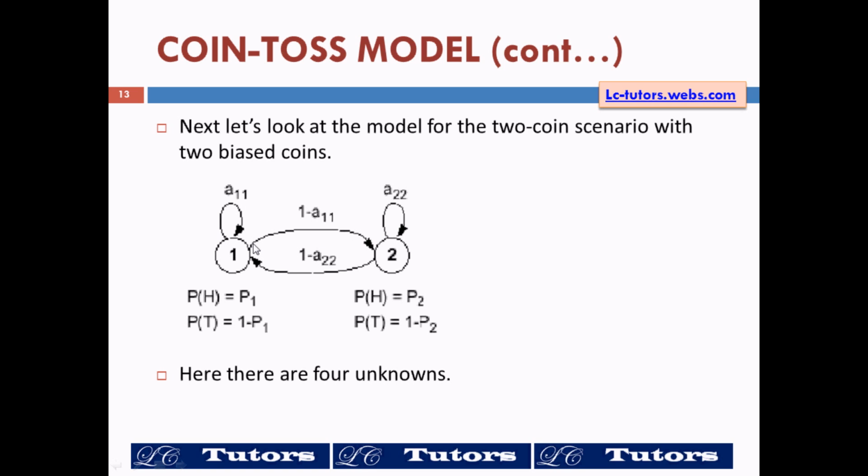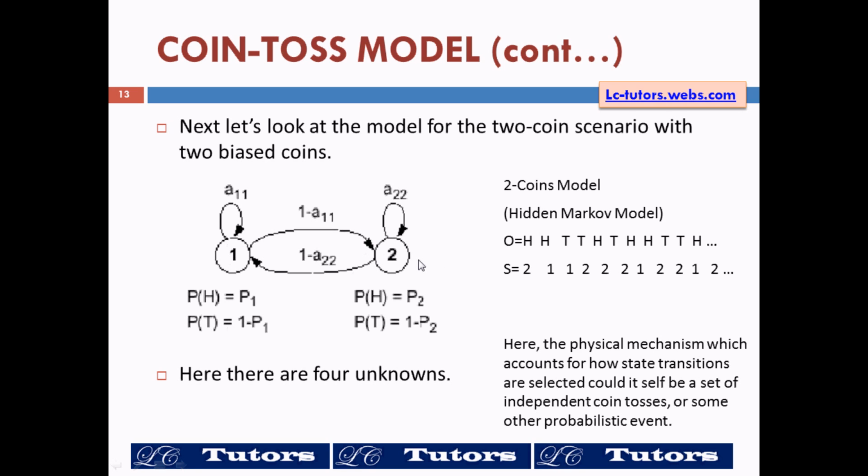That is a11, a22, 1 minus a11, 1 minus a22. So there are four probabilities that are unknown. That is the probability of tossing coin 1 and getting head, probability of tossing coin 1 and getting tail, and similarly for coin 2. So these are the outputs we get from this particular model.